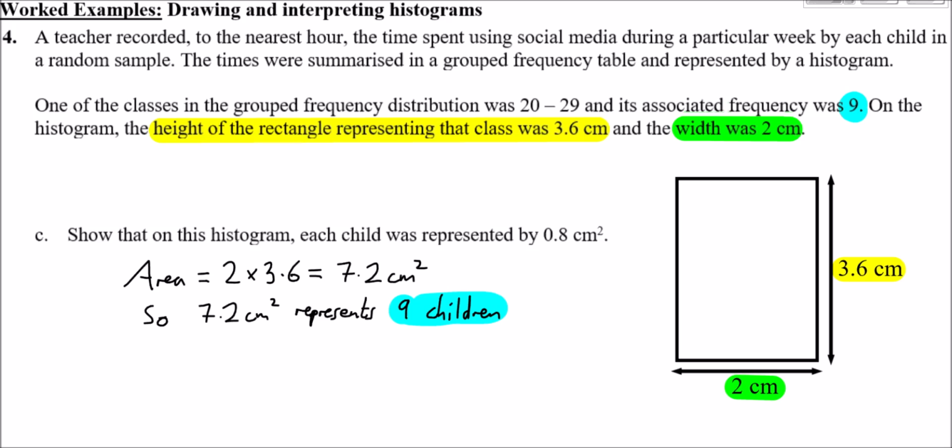If we divide both sides by 9, 7.2 divided by 9 is 0.8. So if 7.2 cm squared is 9 children, that implies that 0.8 cm squared represents just one child.